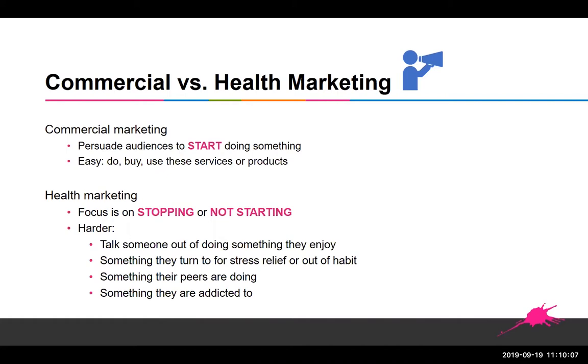With smoking cessation, for example, the idea of losing their freedom or their independence to make their own decisions about their own lives and their lifestyle can also be a difficult barrier to overcome. So basically, prevention is the biggest, hardest job of all.